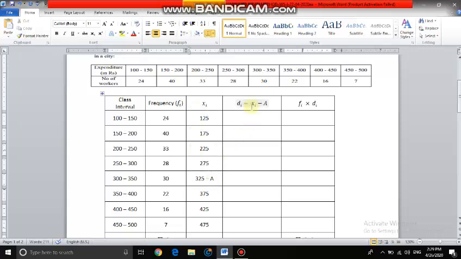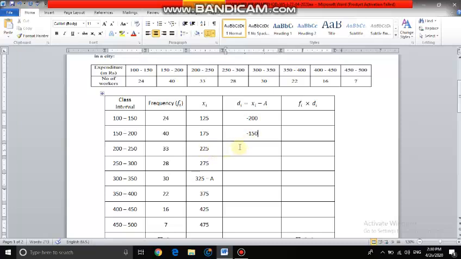Let's see, di is xi minus a. So here, to get the value in the first row, xi is 125 minus 325. So 125 minus 325 is minus 200, because you are subtracting a bigger number from a smaller number, so negative values come. Then 175 minus 325 is minus 150.